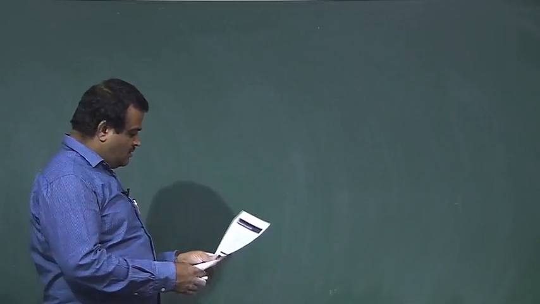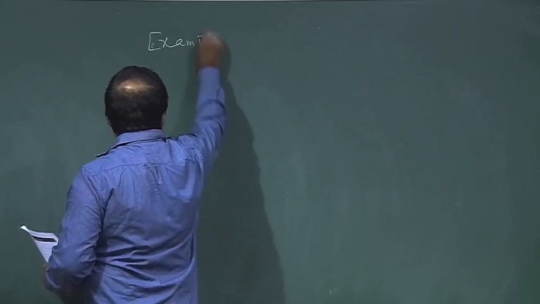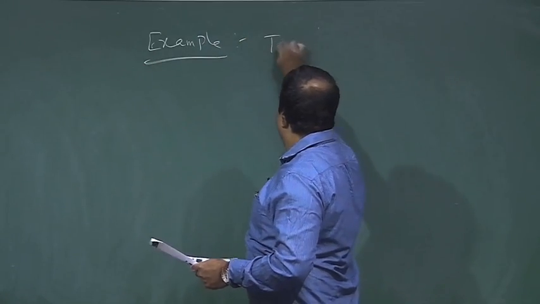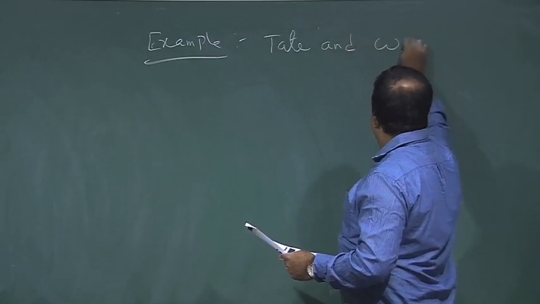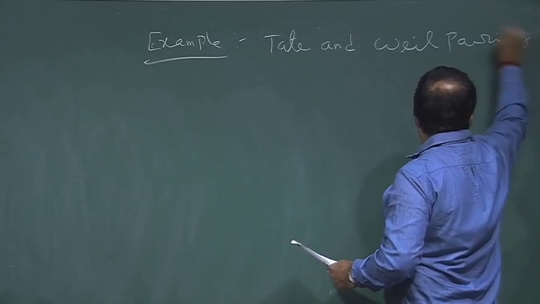Examples of such a map are the Tate pairing and Weil pairing from elliptic curves. You can take a note, but this is not in our syllabus.